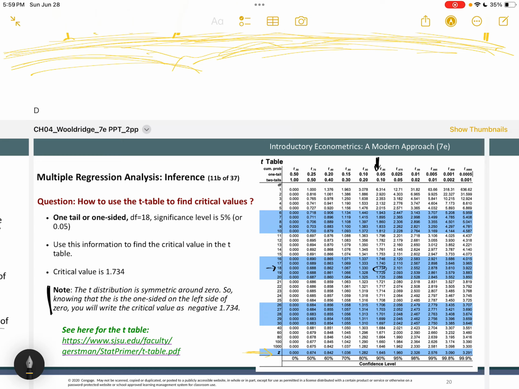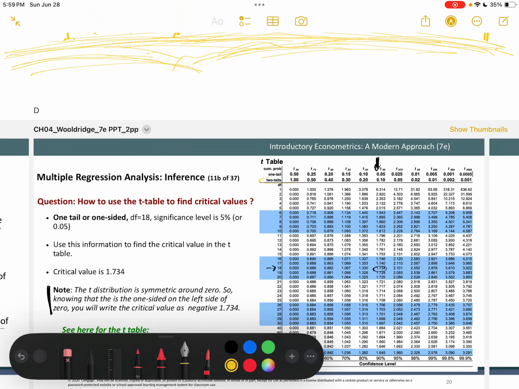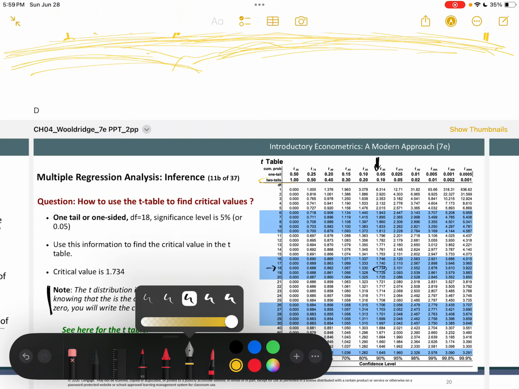From the table, you have this last but one row, right? 5%, yeah, there we go.